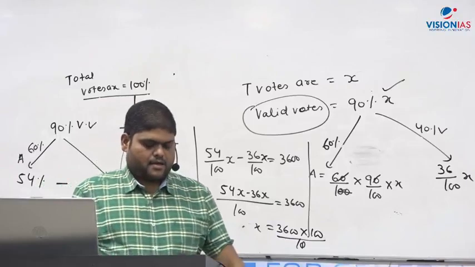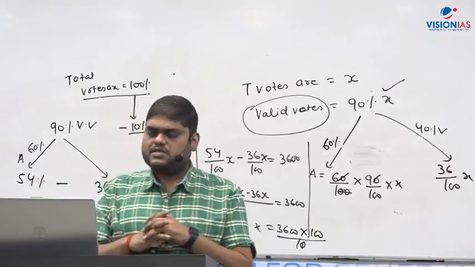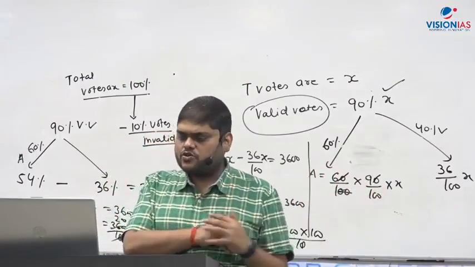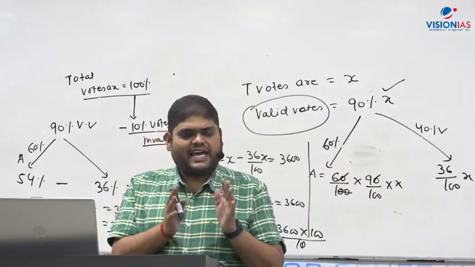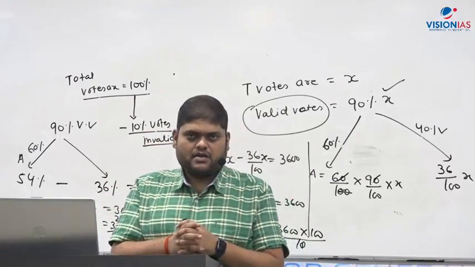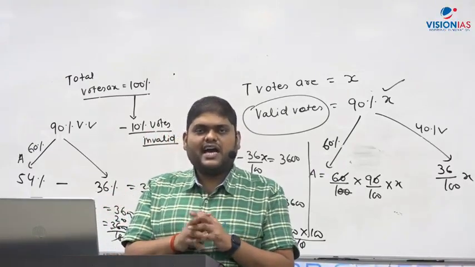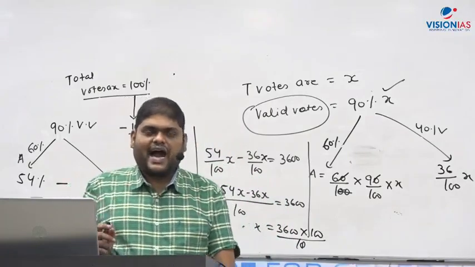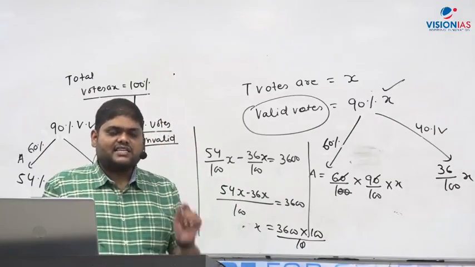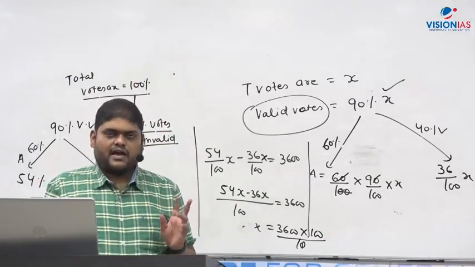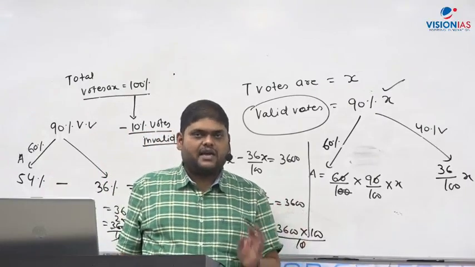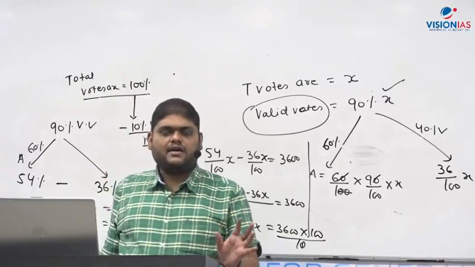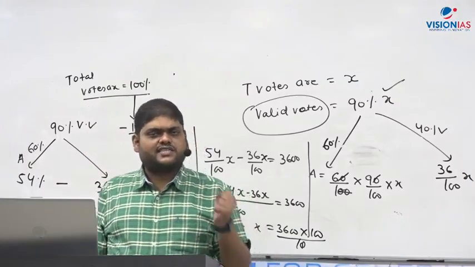Okay. The question was, I am repeating it because I had changed the question in between. The question was, in an election between two contestants A and B, A got 60% of the valid vote and he won the election by 3,600 votes.